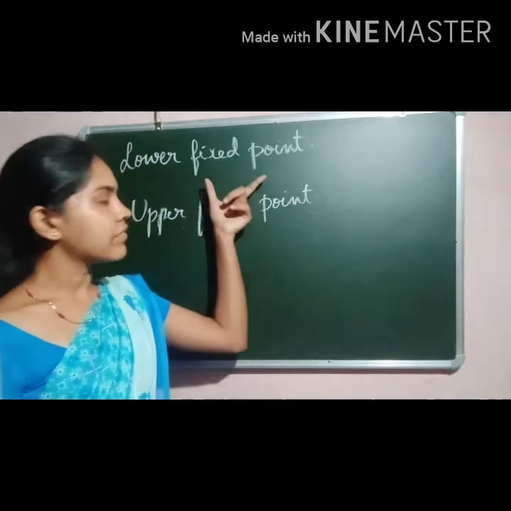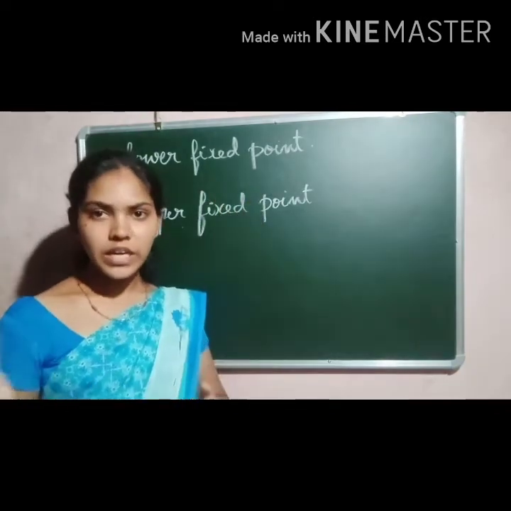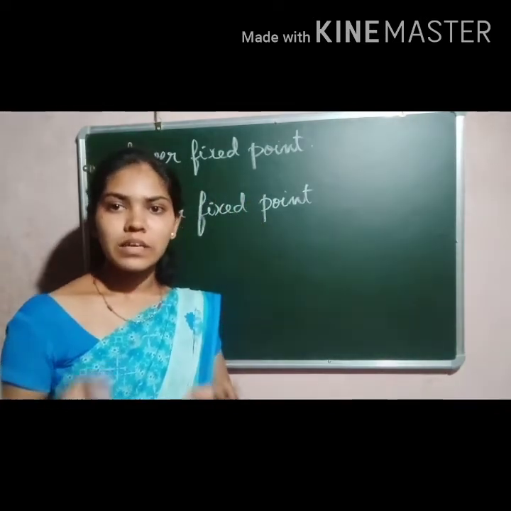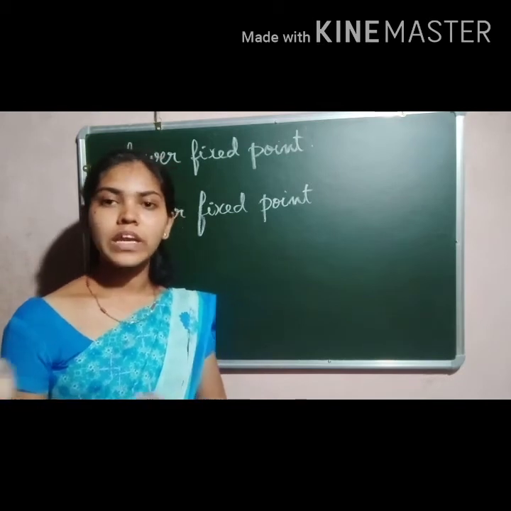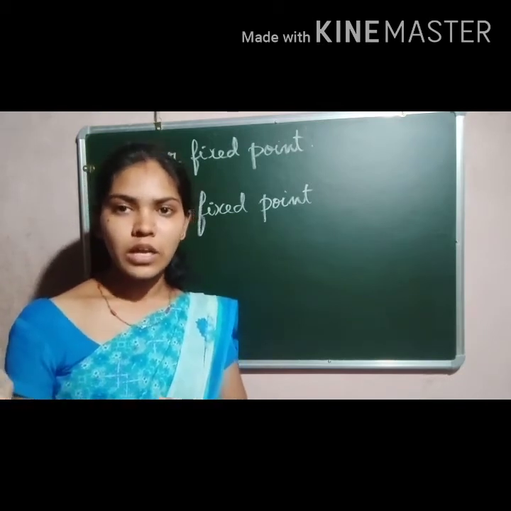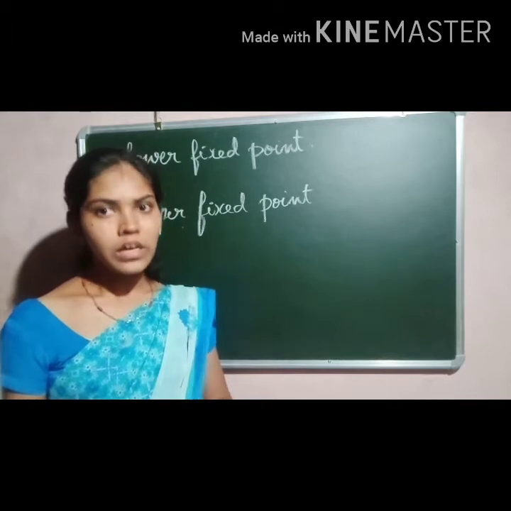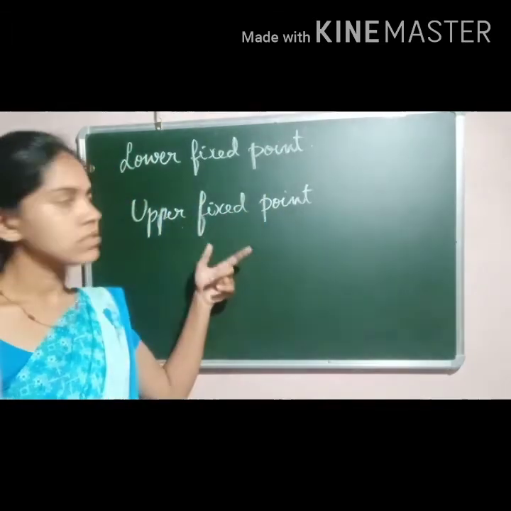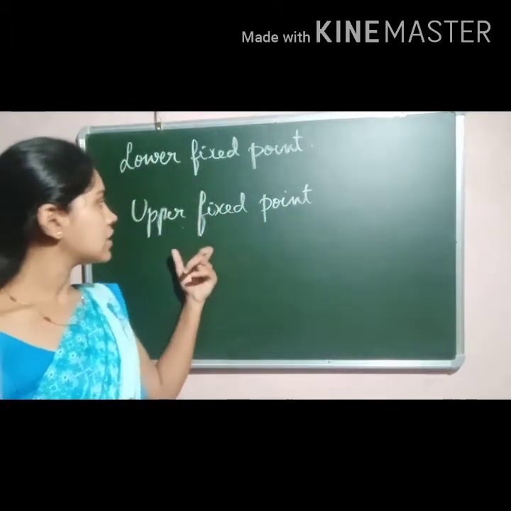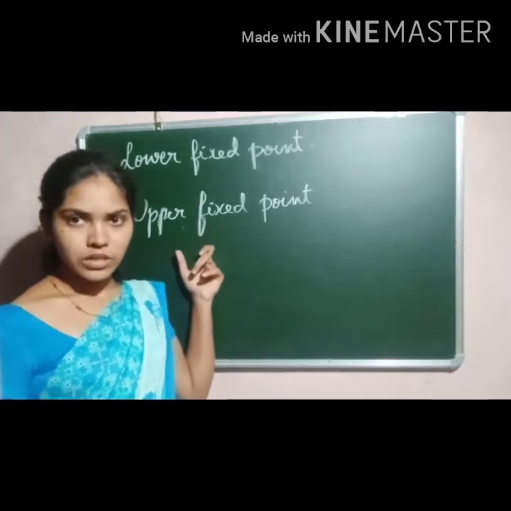So what is a lower fixed point? In order to measure any object, you should have some standards. You should create some standards in order to measure the temperature of an object. We use these two fixed points: one is the lower fixed point and another one is the upper fixed point.